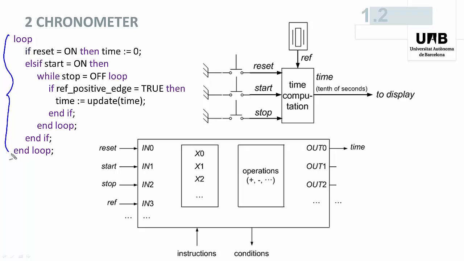Then we will connect switch reset to input port 0, switch start to input port 1, switch stop to input port 2, and the reference periodic signal to input port 3. As regards the output, it will be connected to output port 0.